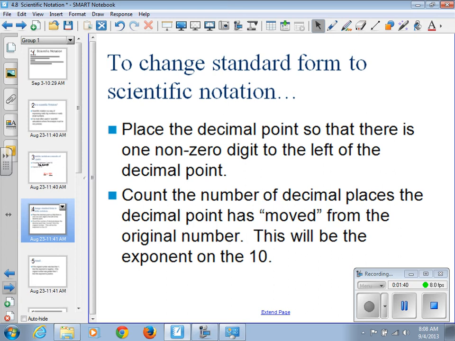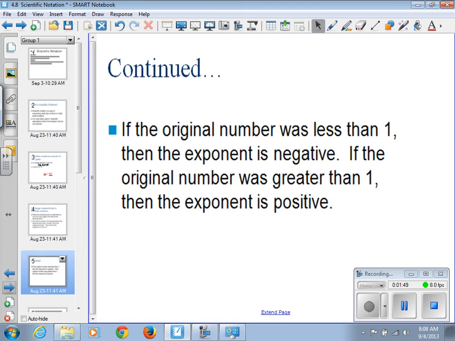This will be the exponent on the 10. This will make a lot more sense when we have an actual example, I promise. If the original number was less than 1, then the exponent is negative. If the original number was greater than 1, then the exponent is positive.